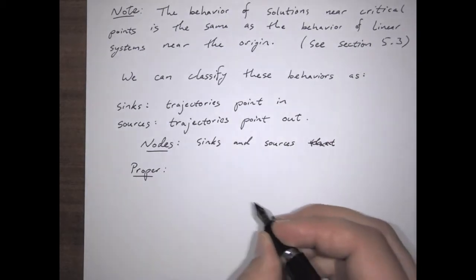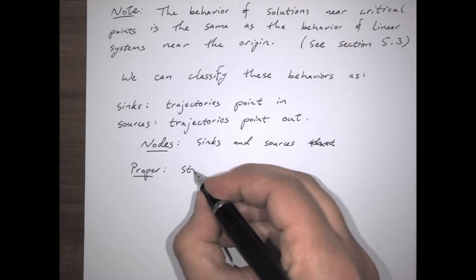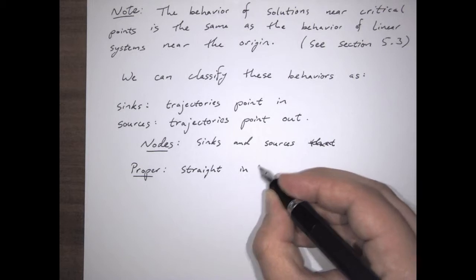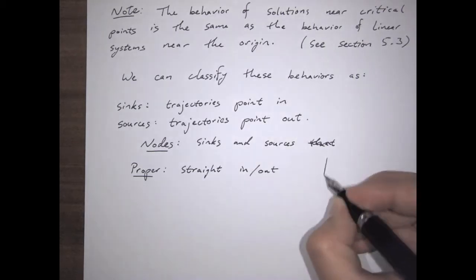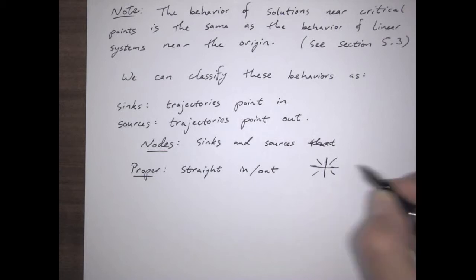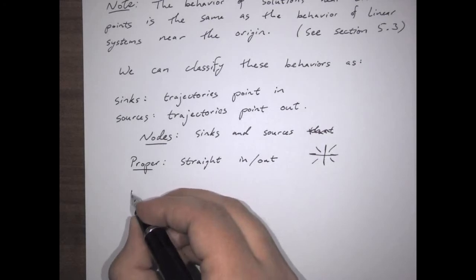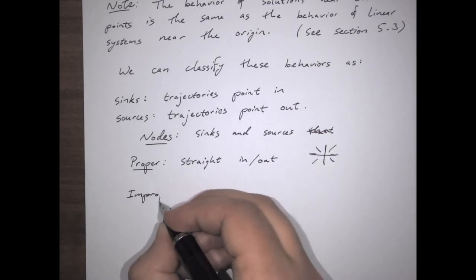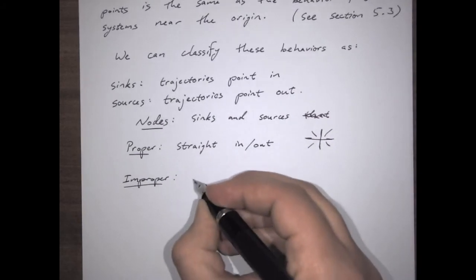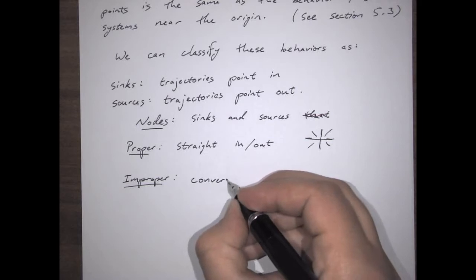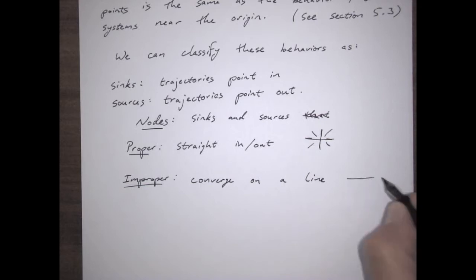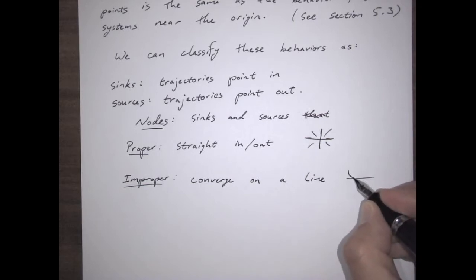Proper, so in other words, it's a star point, so straight in or out. So it makes a star point. Or improper, where they converge on a line, so that makes them look like this.